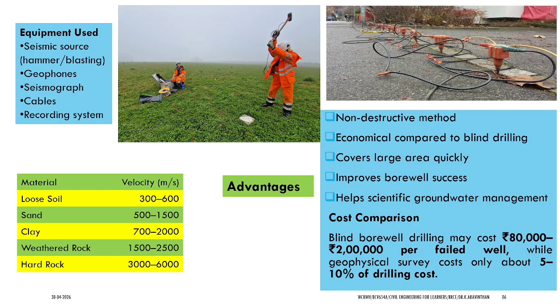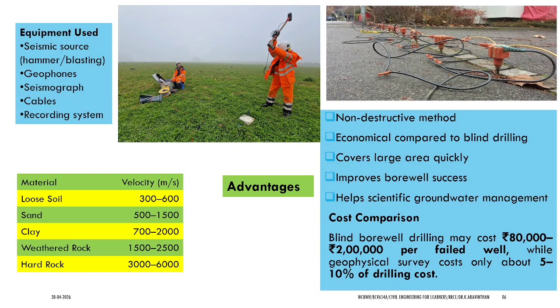The advantages are, it is a non-destructive method, economical compared to blind drilling. Both the geophysical methods are very economical and cover a large area quickly. If you want to bore there, it nearly takes 4 to 6 hours, even 12 hours to bore a particular place to a particular depth.